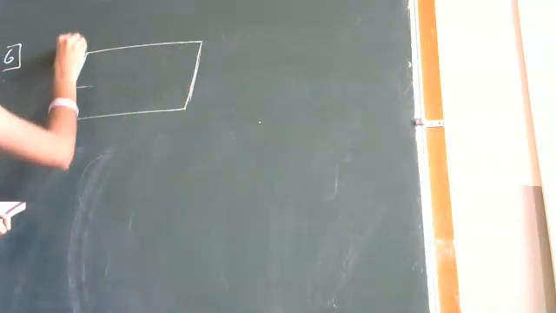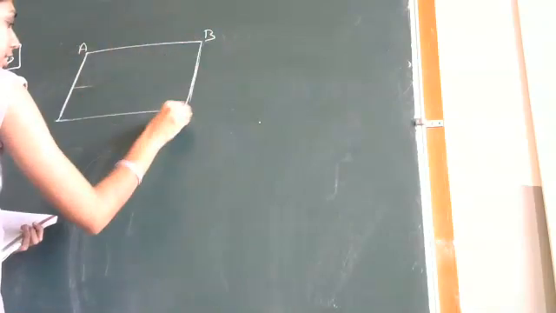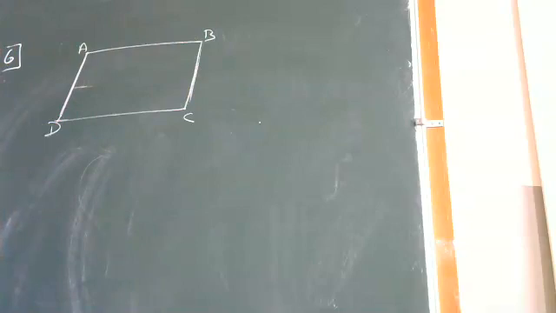So this is our parallelogram A, B, C and D. Just a minute, wait, students. So this is the parallelogram A, B, C, D. What is given in the question?